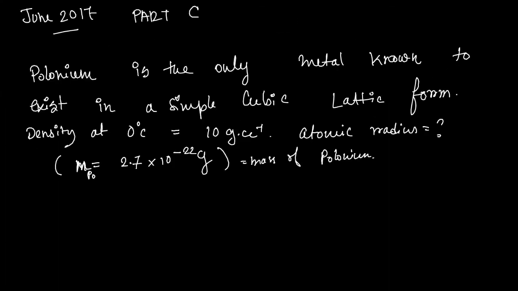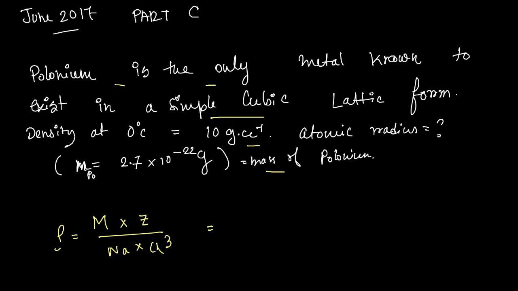And another type of question is: here it is told polonium is the only metal known to exist in simple cubic lattice. Density is given, atomic radius is asked, and the mass of each polonium atom is given. Now, as we know, density is equal to capital M, molecular mass, into Z divided by Na into a cube.